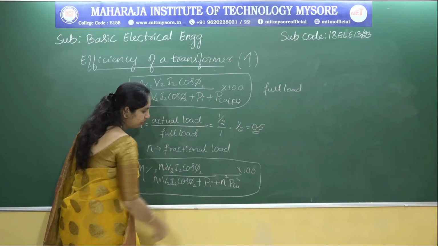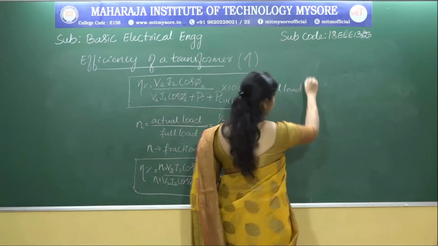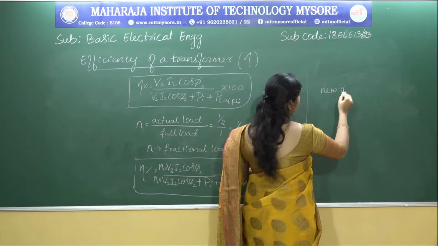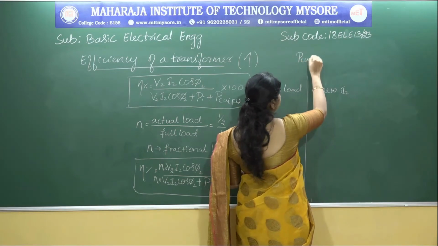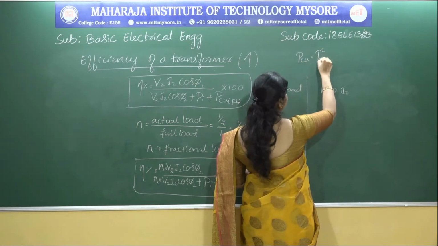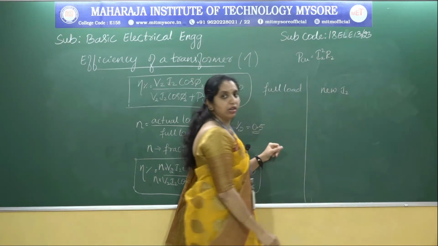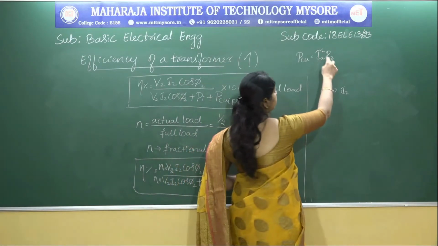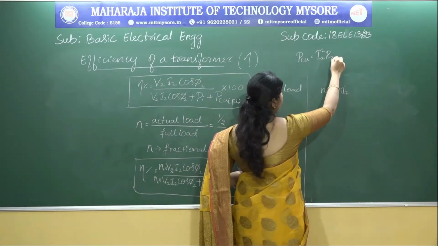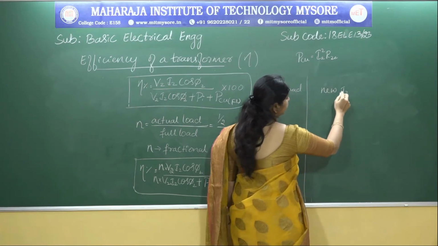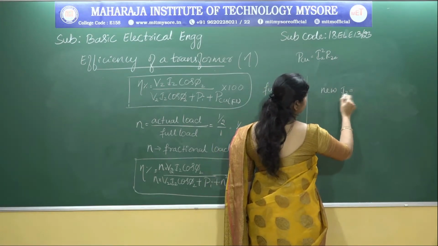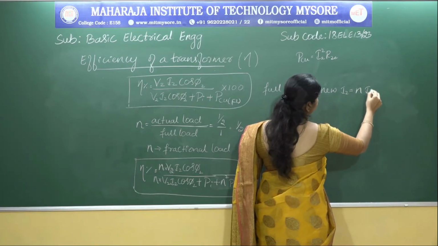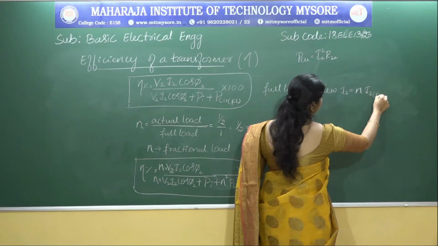Okay, so why is it n square into PCU? If we consider the new I2, what is PCU? We can express it as I2 square into R2, isn't it? As we have already discussed, PCU, the copper loss, can be expressed as I2 square into R2. So here the new I2, for the fractional load, can be expressed as n into I2 full load.